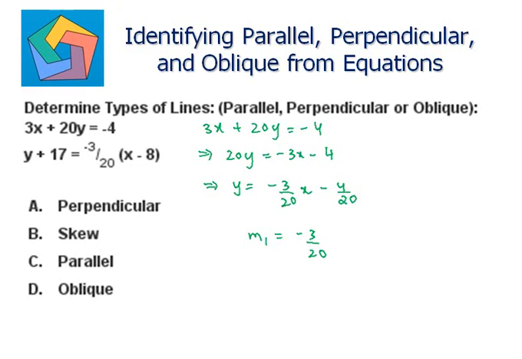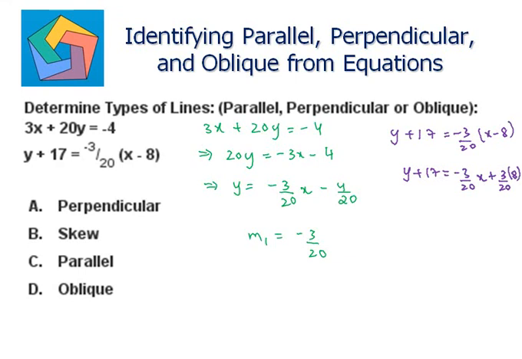Let's see m2 now. I have y plus 17 is equal to minus 3 by 20 times x minus 8. So y plus 17 is equal to minus 3 by 20 x plus 3 by 20 times 8. I'm using the distributive property.